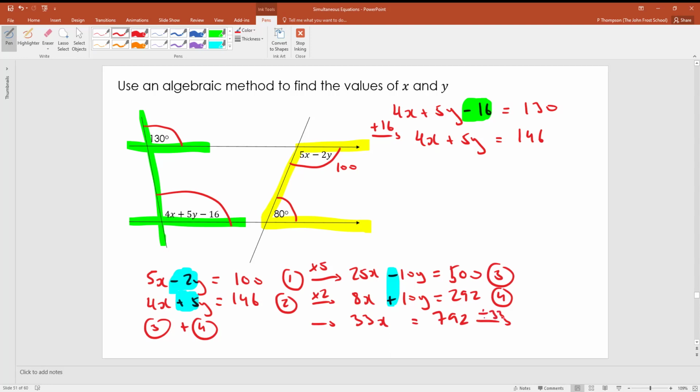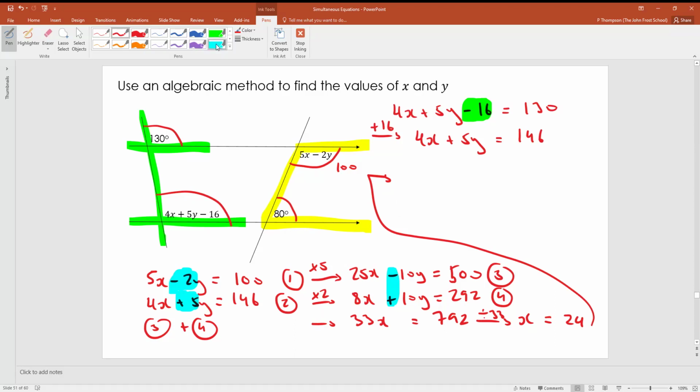Divide by 33 now. So 792 divided by 33 gives you 24. That's a nice number. And I might run out of space a bit here, so looking a little bit scruffy. Perhaps I can just go up here maybe. Yeah, I might do yours underneath, obviously. Right, so x is 24.